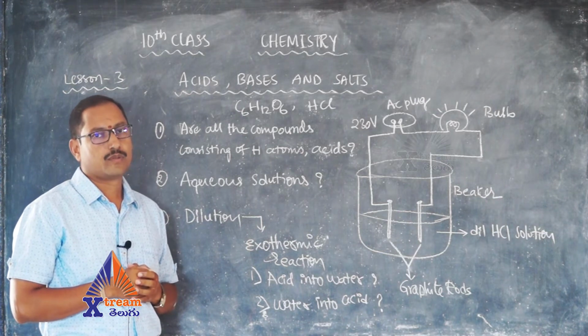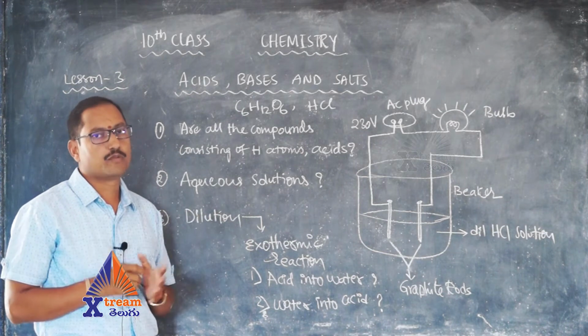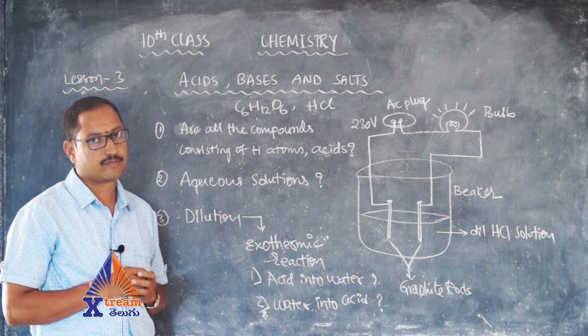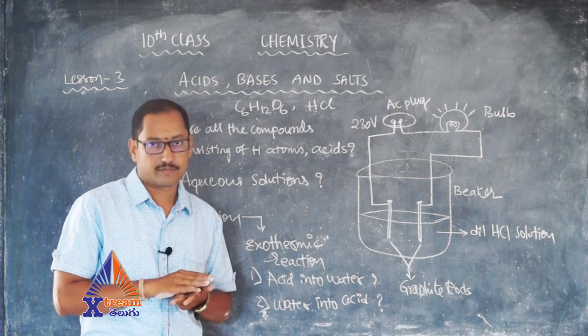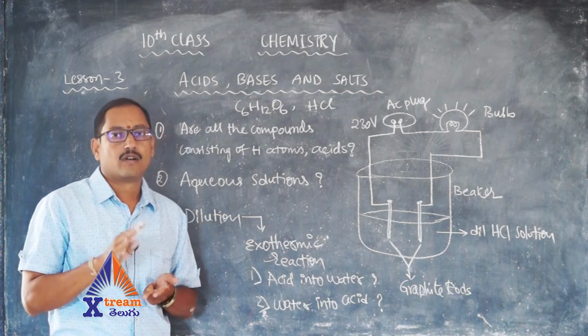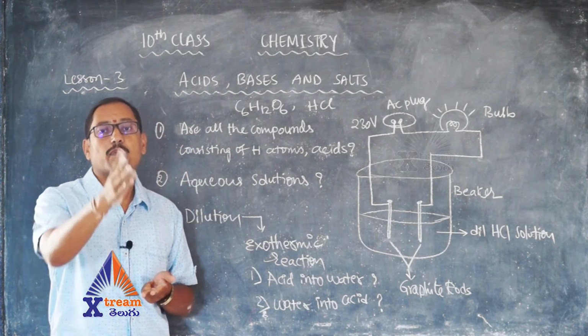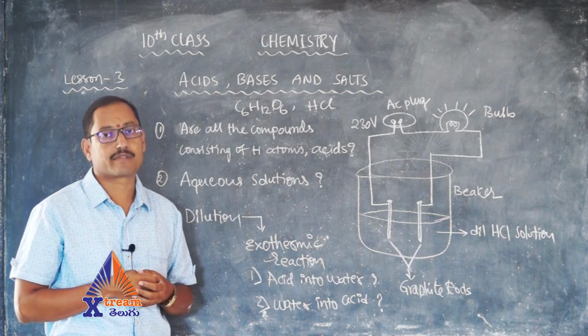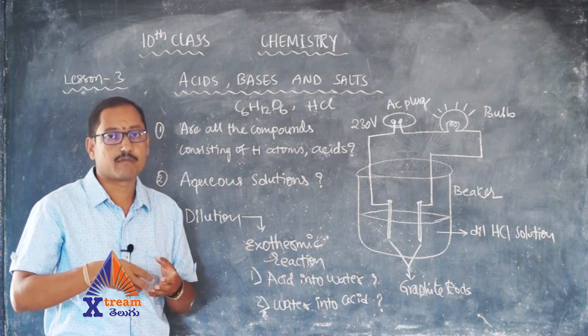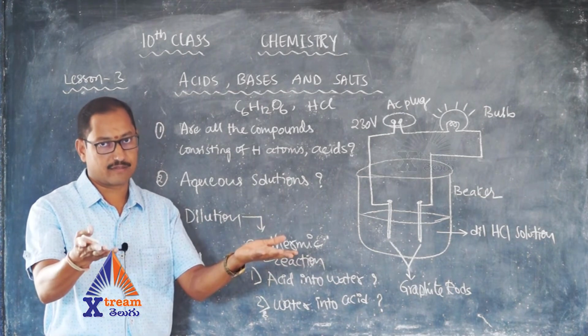So first of all, you have to understand that no matter whether it has got hydrogen or not, unless it can give H plus ions when it is diluted or when it is aqueous, if it is able to give H plus ions, then it is an acid.